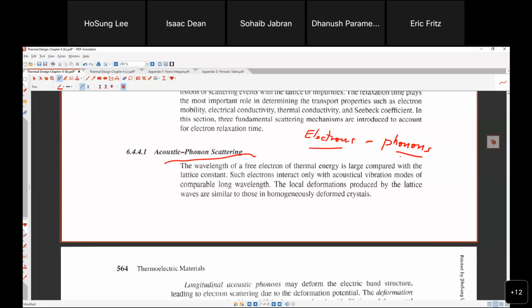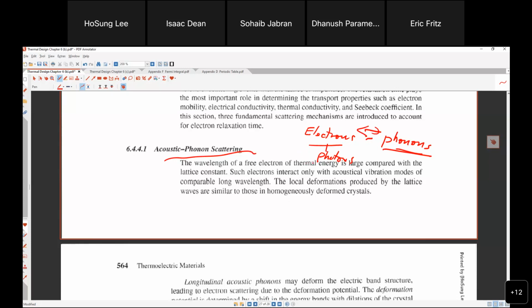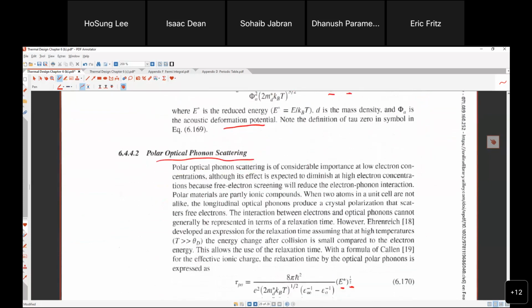It's not really a particle, but once it's a lattice phonon, it's so weird. It's moving like a particle. That's why we name it phonon. Electron is similar to photon, a similar wave-particle. So this size is the lattice size, angstrom. They scatter each other. It's a collision. That's what happens.